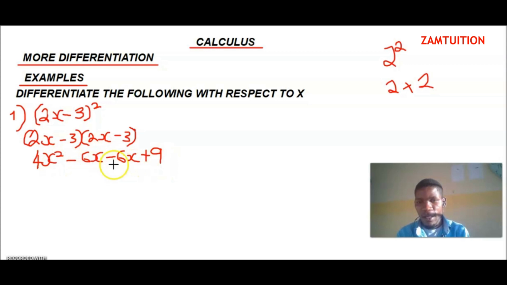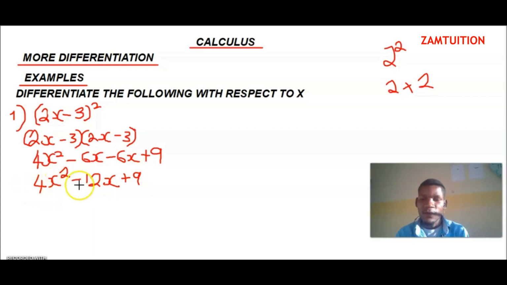From there, these are like terms, so we combine the coefficients. We bring down 4x squared, and then negative 6 minus 6 is negative 12, so it gives us negative 12x, and then plus 9.